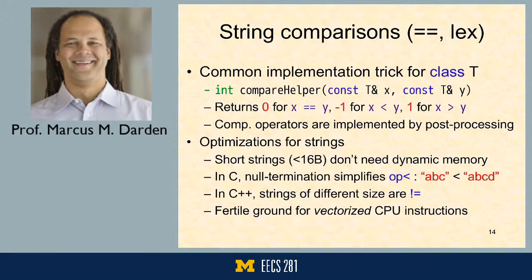In C++, because we can get the size in constant time, when I do a string comparison in C++, I can get a not equal to in a constant amount of time, but I just check their lengths. If string 1 is length 4 and string 2 is length 5, there's no way that those strings are equal. So I can use that optimization to figure out whether or not they're equal.